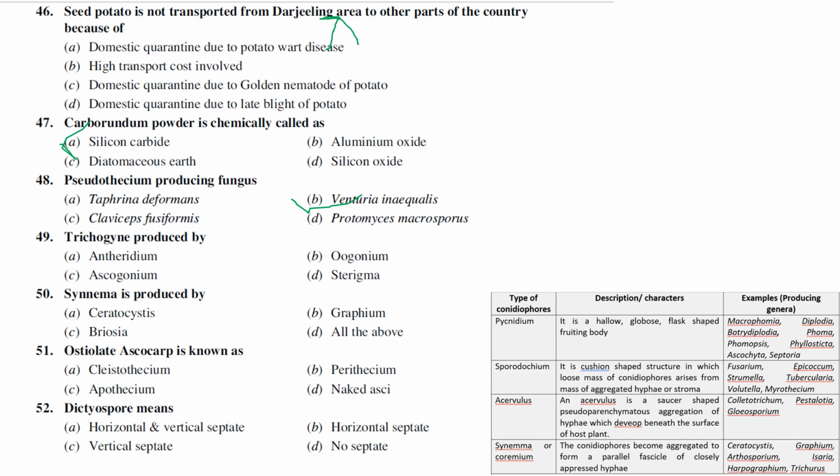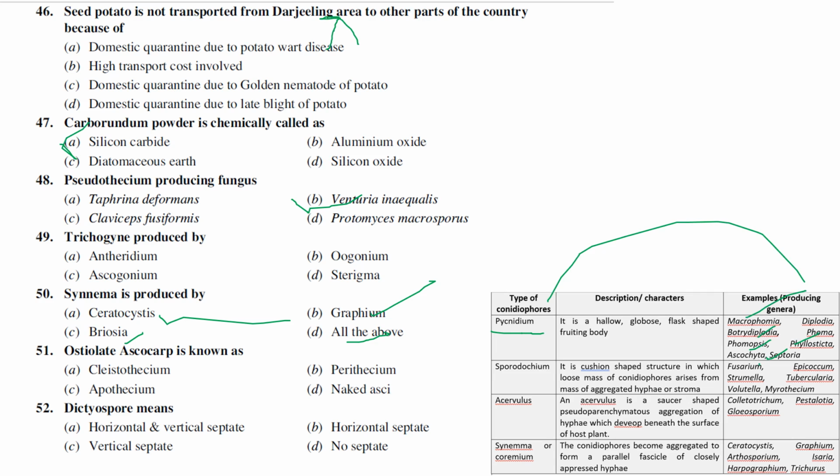There are 4 kinds of asexual fruiting bodies produced by fungi. Generally, coremium is produced by Ceratocystis, Graphium, and Briosia. Pycnidium is generally a hollow, globose, flask-shaped fruiting body produced by Macrophomina, Botryodiplodia, Phoma, Phomopsis, Phyllosticta, Ascochyta, and Septoria.